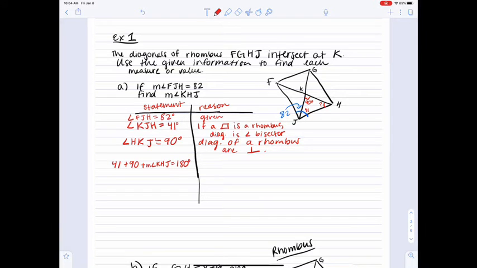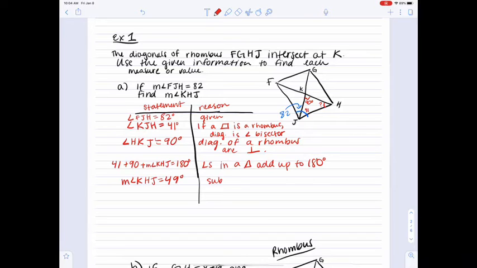So we can say angles in a triangle add up to 180. And then we can just solve this and we can get measure of angle KHJ equals 49 degrees.